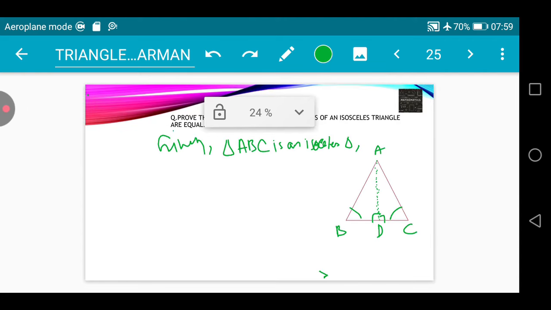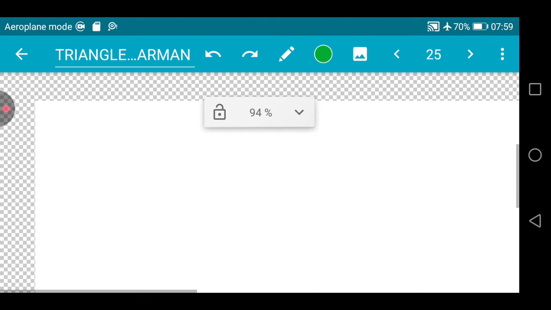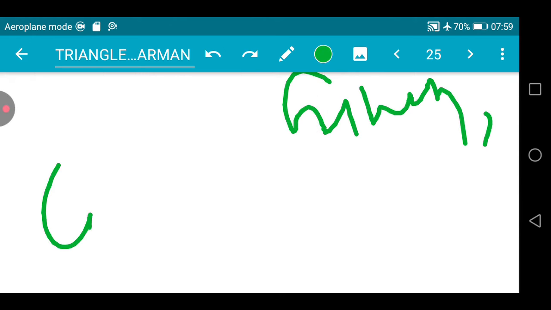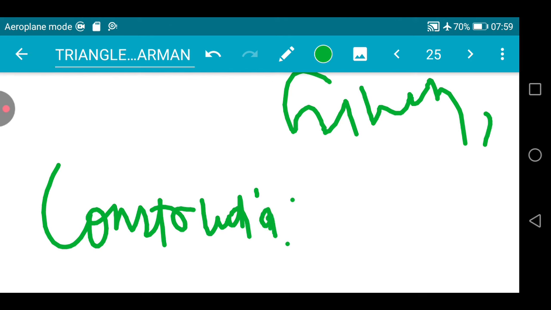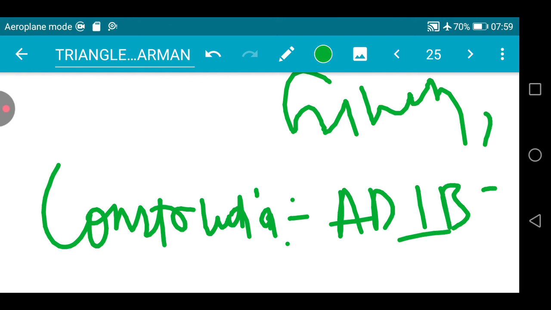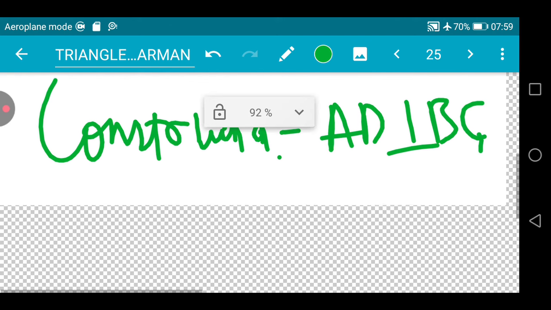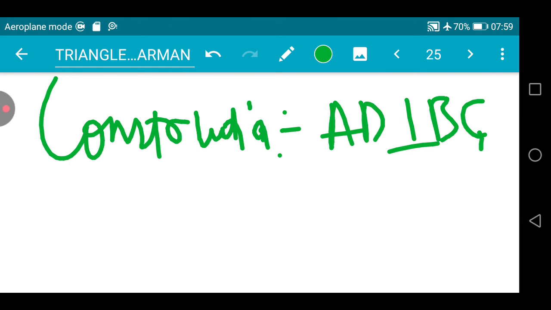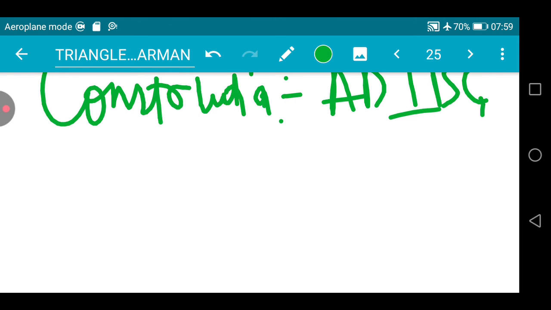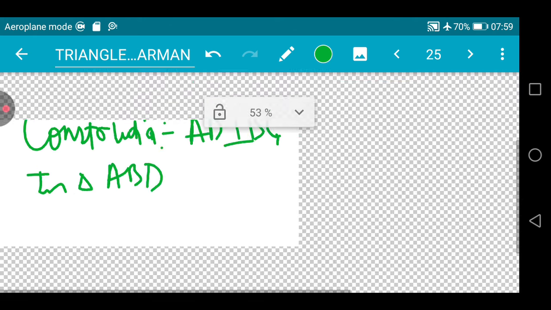What is proved? We have to prove that angle ABC is equal to angle ACB. I have done construction here. What construction? AD is perpendicular to BC. What triangle am I taking here?